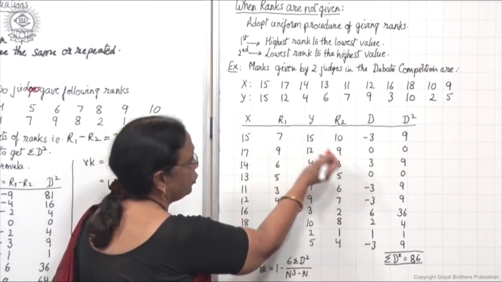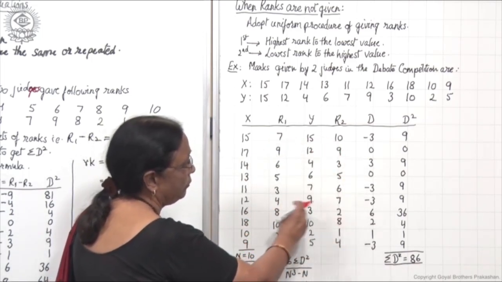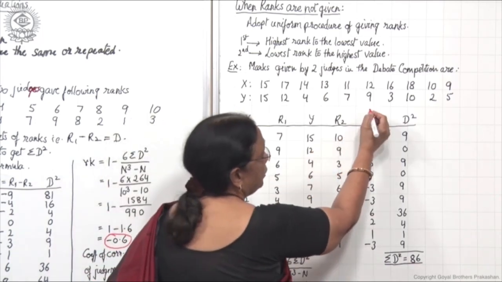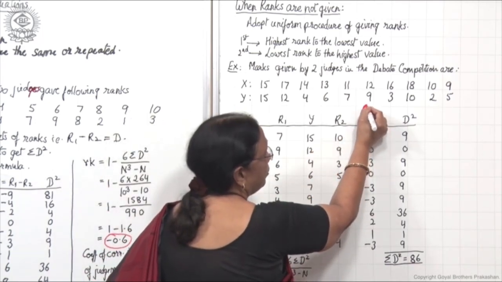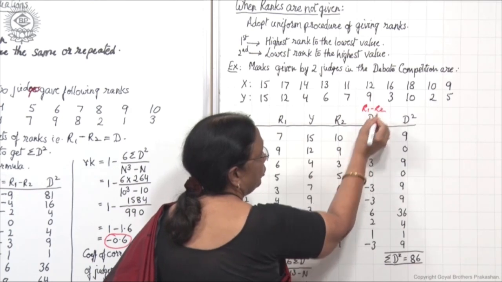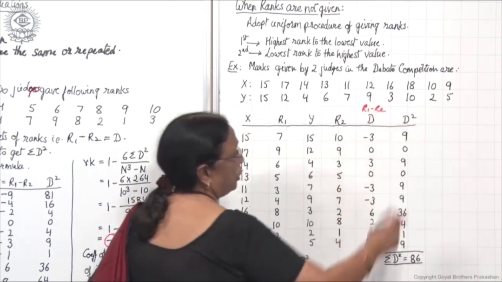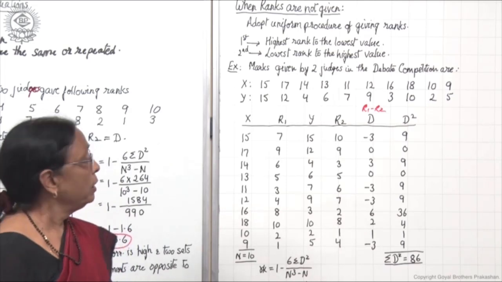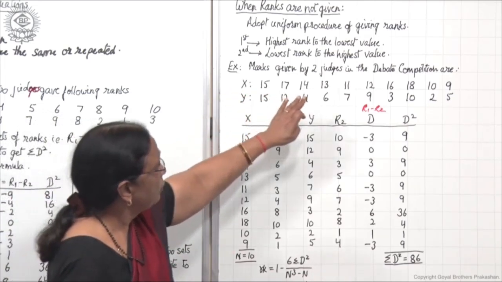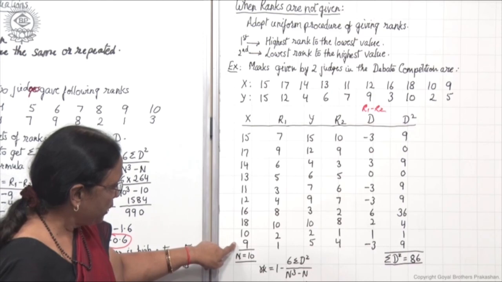Rank 1 and rank 2, you have to give R1 and R2, and D, which is R1 minus R2. This is D, and make a square of D, right? Now when we copy down the data, X gives you this data.